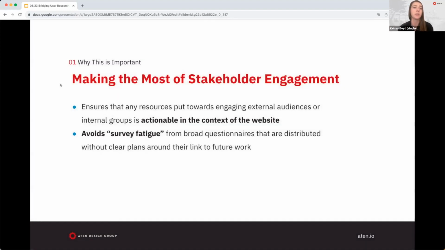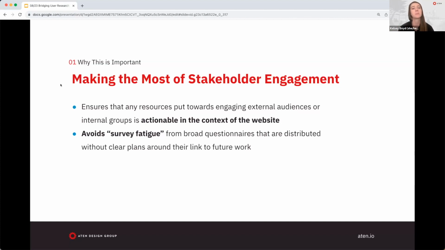In addition, we see this as a way to make the most of stakeholder engagement. So ensuring that any resources in terms of time or outreach that are put towards engaging external audiences or internal departments, that we really have a clear, actionable path in terms of the context of the website, and how the work that goes into that will inform the work that you do.